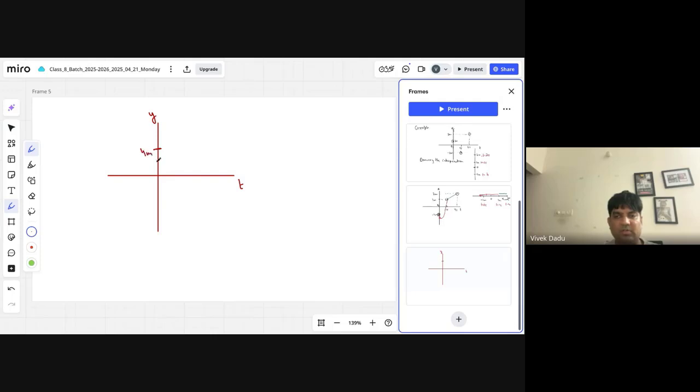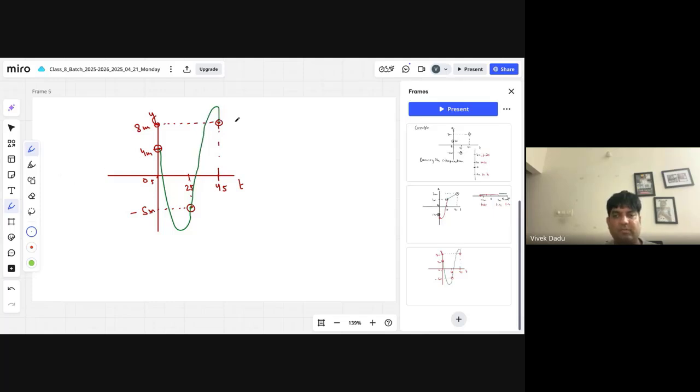Or wait, I changed. So this is the graph interpretation you have to draw.